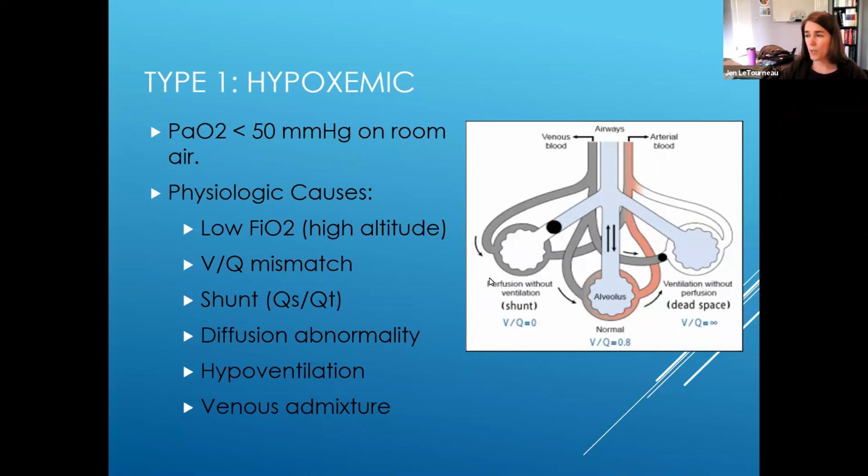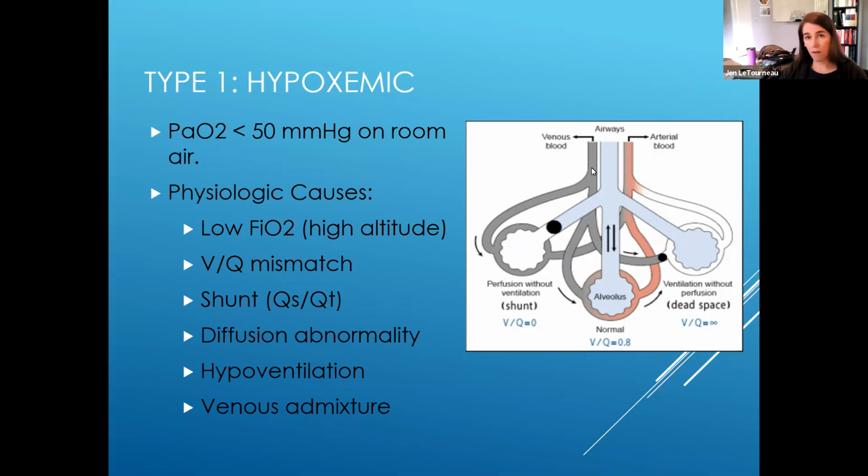Over to the left, where you have perfusion without ventilation, meaning there's something blocking the airway or the alveolus is full of something, but blood flow is normal. That's called shunt. And then to the right, ventilation without perfusion.